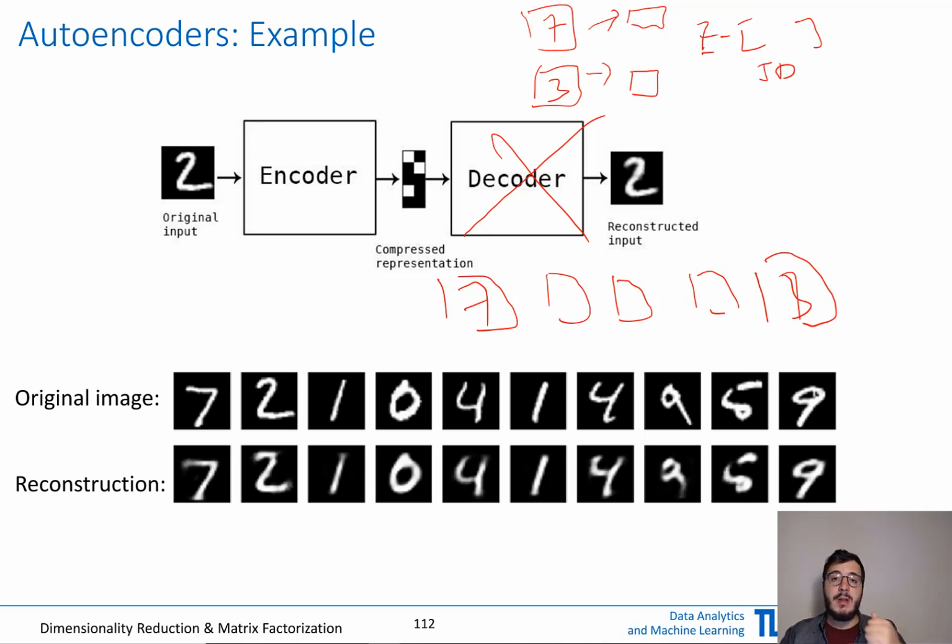Maybe if you interpolate the first dimension, and let's say the data is faces, maybe you're changing from faces with and without glasses. And maybe the second dimension changes the age of the person, and so on. So this is quite difficult. You need to do a bunch of extra modeling steps in order to enforce that the code captures semantically meaningful directions, but nonetheless you can still do it, and it relies more or less on the same principles as this normal autoencoder.